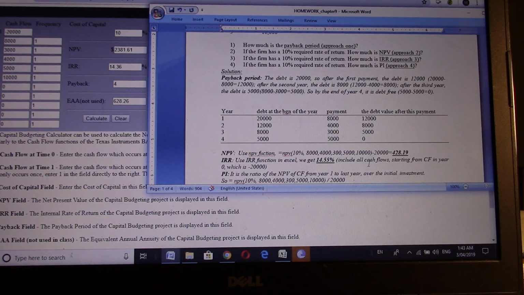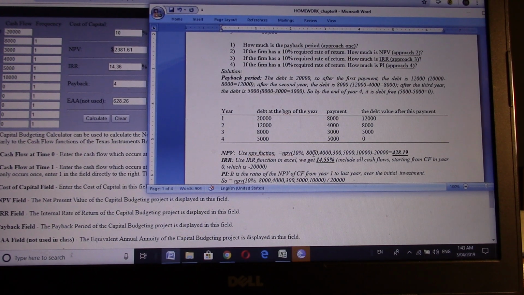If you use the NPV function, this is the equation you should be using. You use the NPV function in Excel. The input should be the rate first, which is 10%, and then your year 1 cash flow.